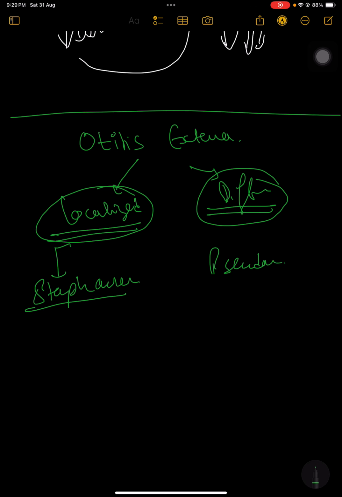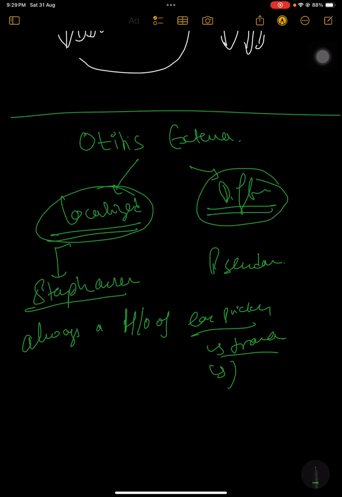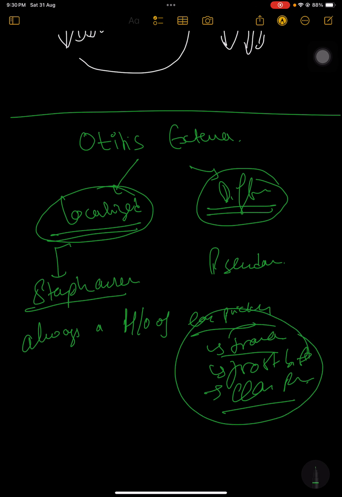Remember, whenever there is a question regarding otitis externa, there is always a history of ear pricking, either any kind of trauma, such as a forced bite, or ear piercing. There can be localized otitis externa.